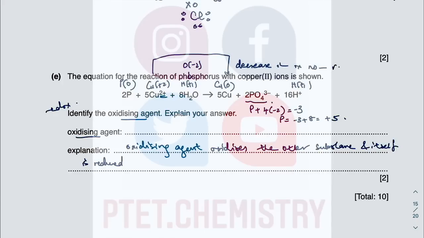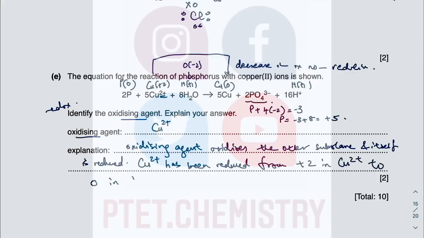That is reduction. So the oxidizing agent is Cu2+, because Cu2+ has been reduced from +2 in Cu2+ to 0 in Cu.